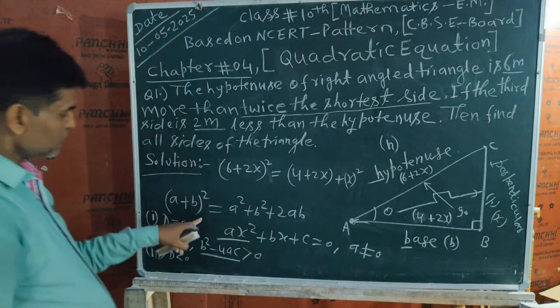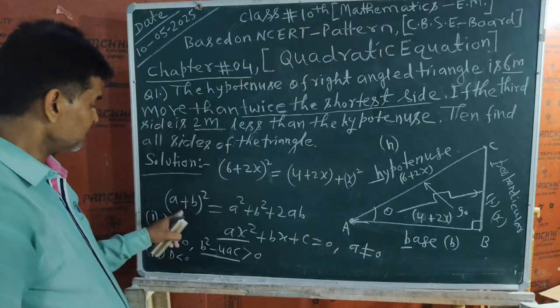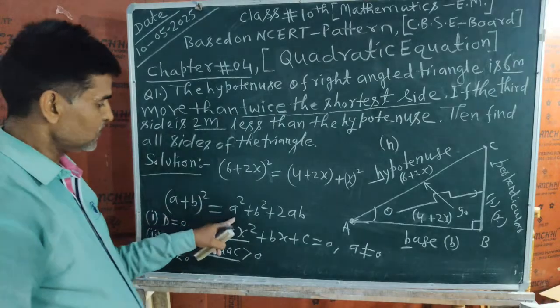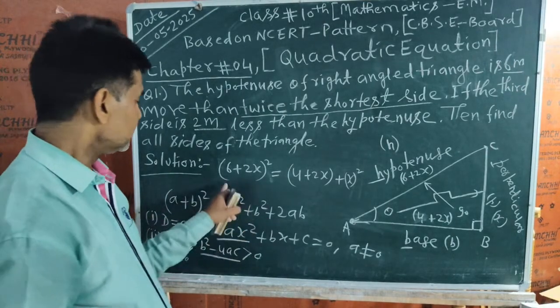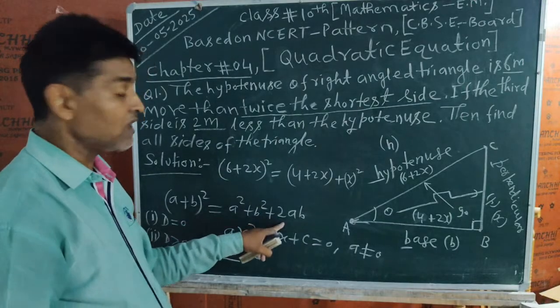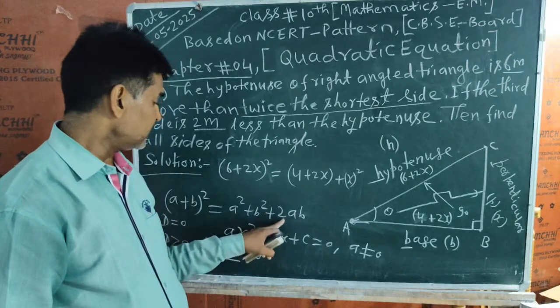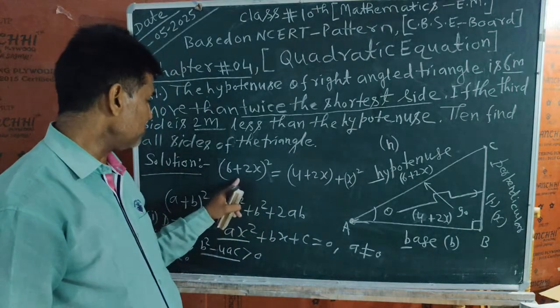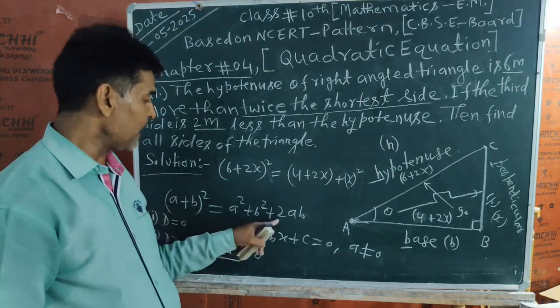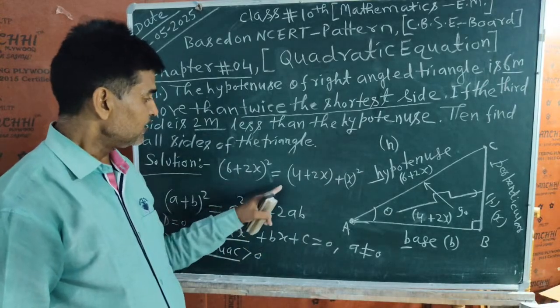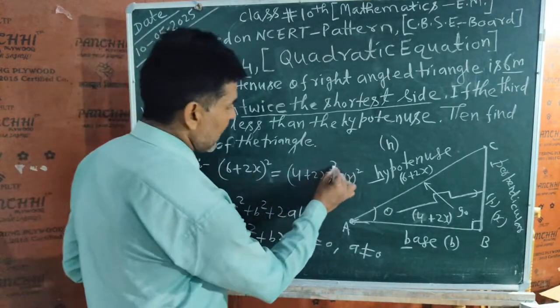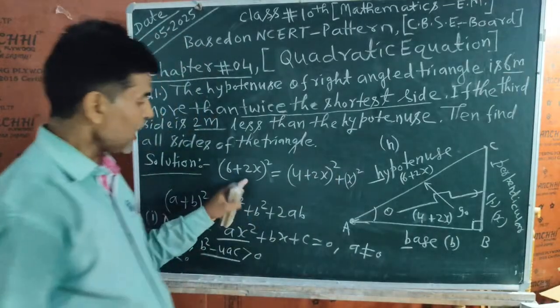So this above formula, that is the identity a plus b whole square is equal to a square plus b square plus 2ab, this identity which is available in algebra, I will apply here and also here, and after applying I will resolve.